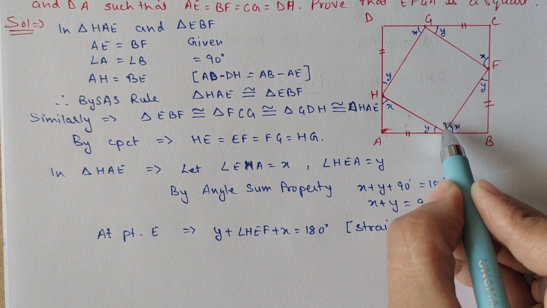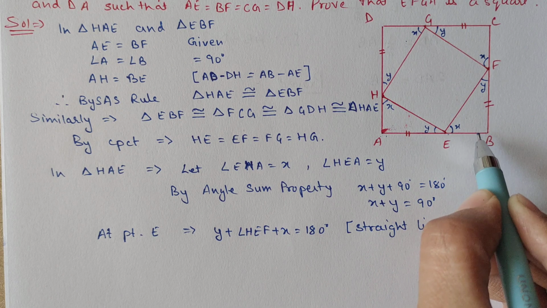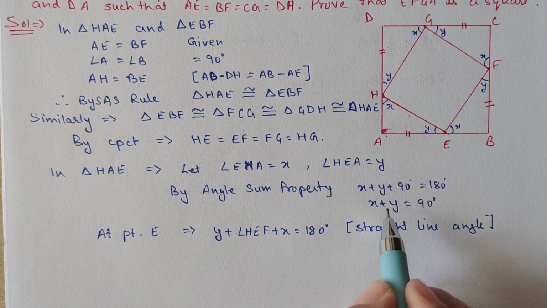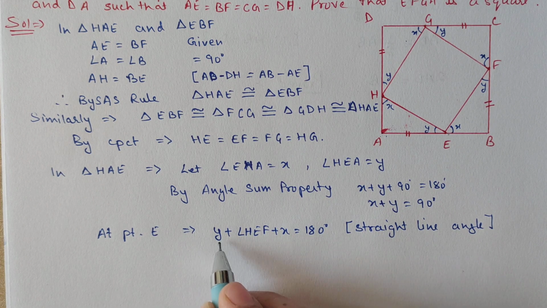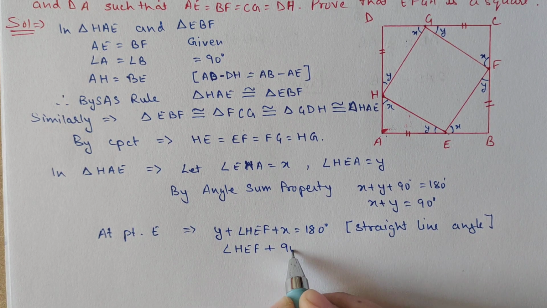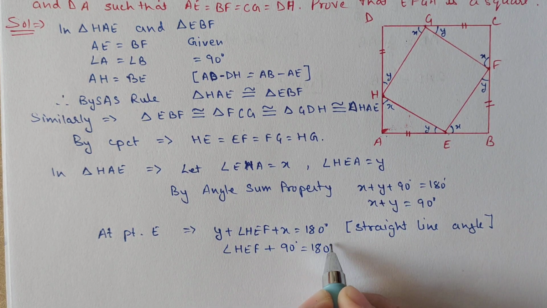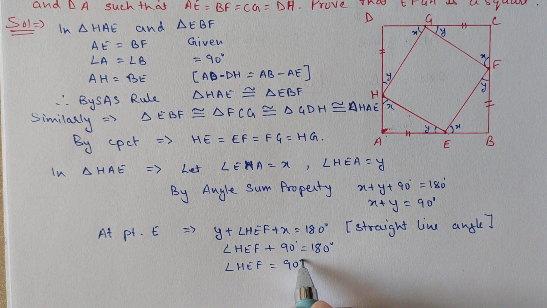Because this angle, this one and this one, all three are on a straight line, so their sum will be 180 degree. As we know, X plus Y is equal to 90 degree, so in place of X plus Y we can write here 90 degree. Angle HEF plus 90 is equal to 180 degree. So angle HEF is equal to 180 minus 90. We will get here 90 degree.